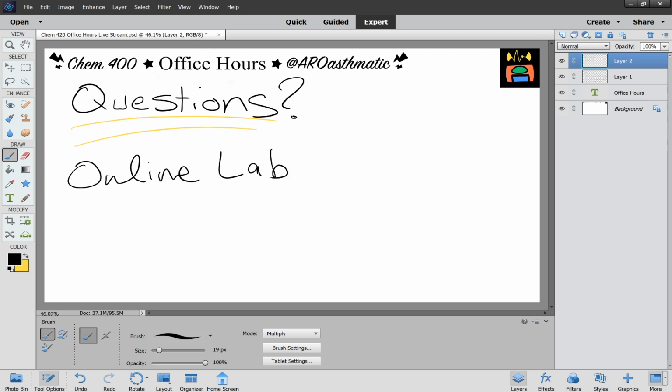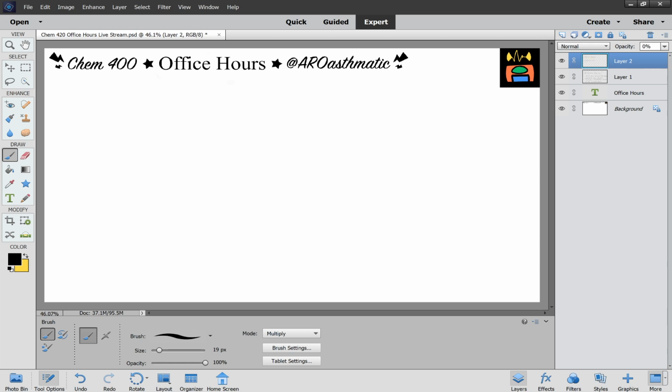Going over some nomenclature, the differences between isopropyl and isobutyl. Okay, sweet. Let's get into this. All right, so nomenclature.